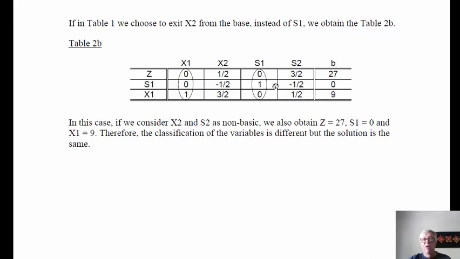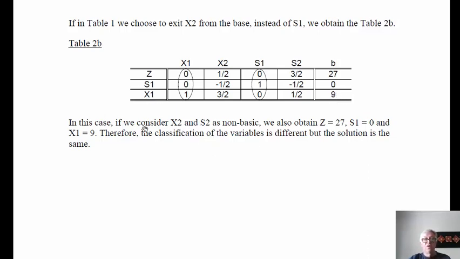This means that we consider x2 equal to 0 and s2 equal to 0, and if you do that, we extract z equal to 27, s1 equal to 0, and x1 equal to 9. So the classification of variables is different now, but the solution is the same. Only x1 is different from 0.